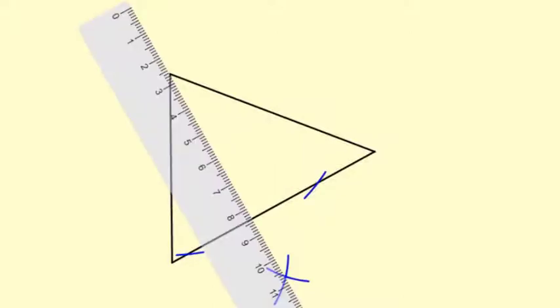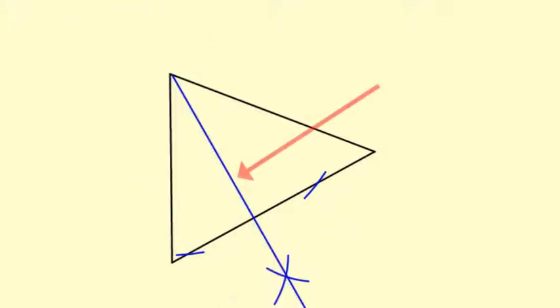I'm going to take my ruler and connect that vertex with that point of intersection. And this line is perpendicular to that side. Now we'll do the other two altitudes.